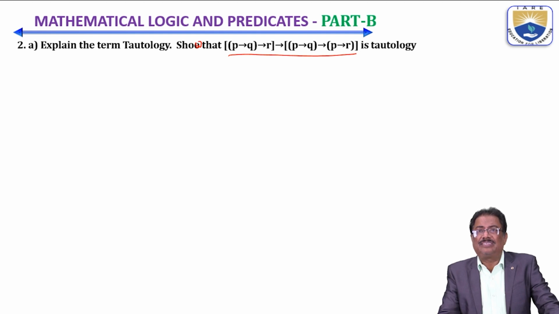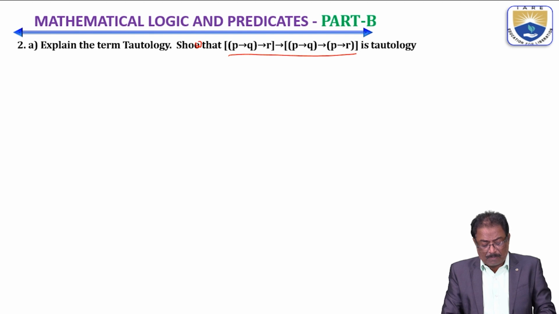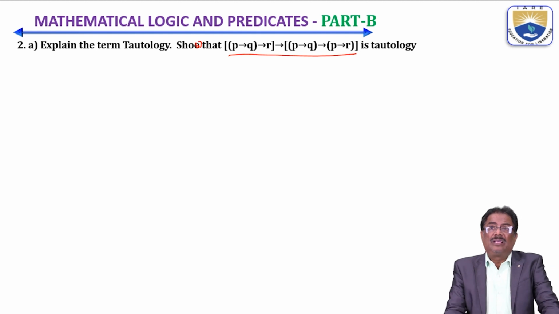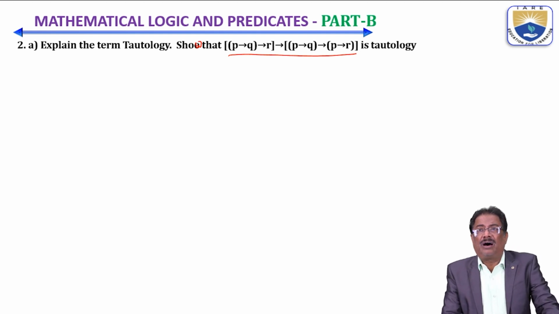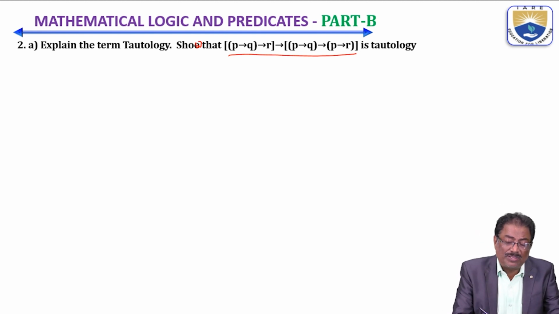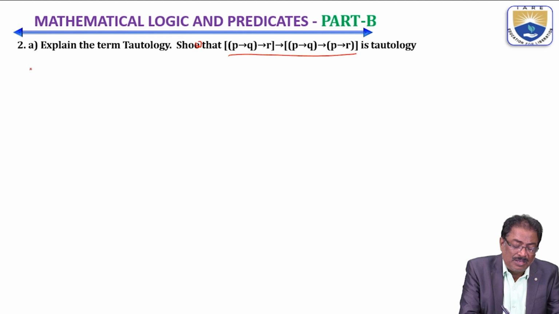Then we can say that it is a tautology. So for that reason, we are going to find all the possible cases for the given compound proposition, which is given as if P then Q, then R, then once again conditional, and the remaining things we are going to prove as a tautology. So for that, let us see all possible combinations.